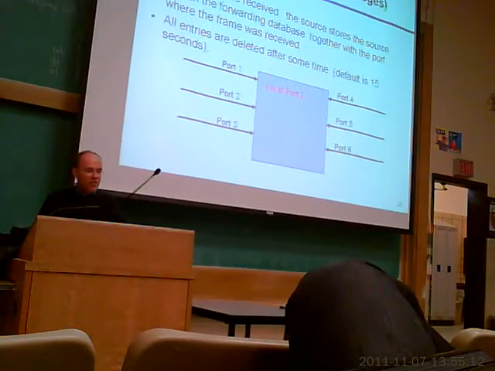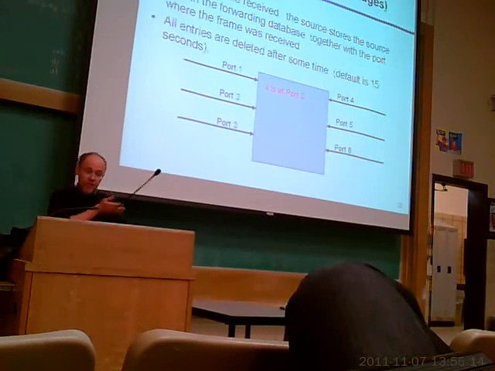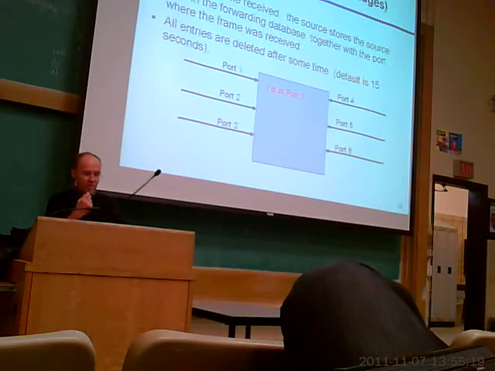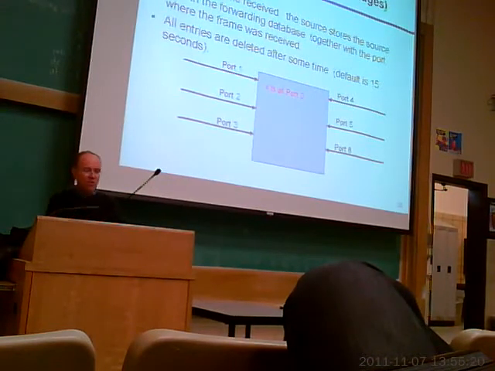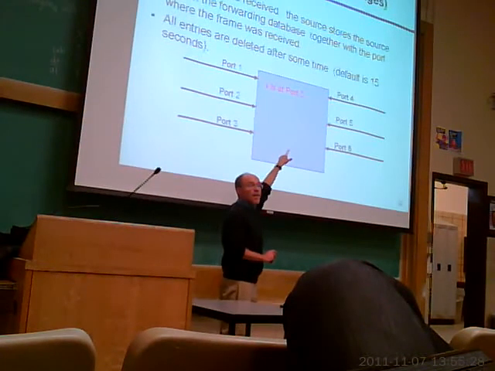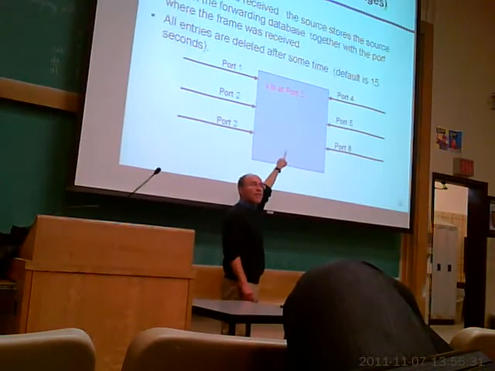So the learning algorithm is for each frame received, the switch stores the source field in the forwarding database together with the port where the frame was received, and all entries are deleted after some time. This is important, yeah?